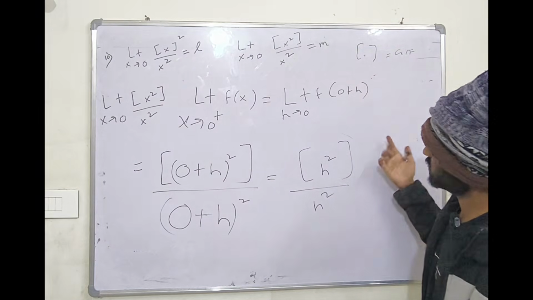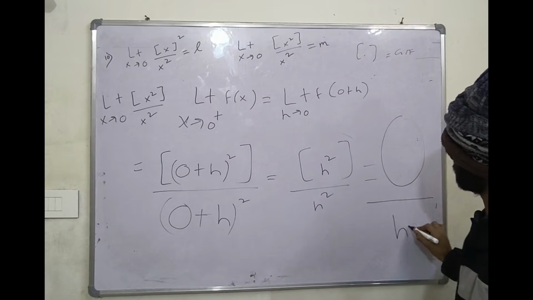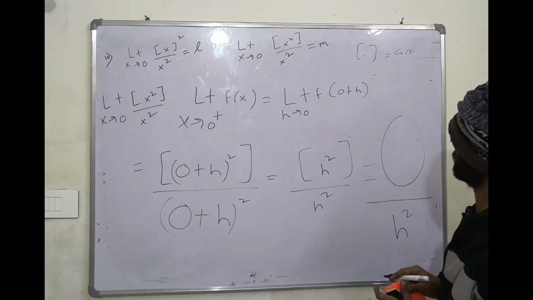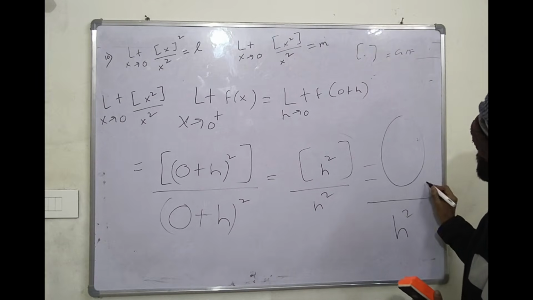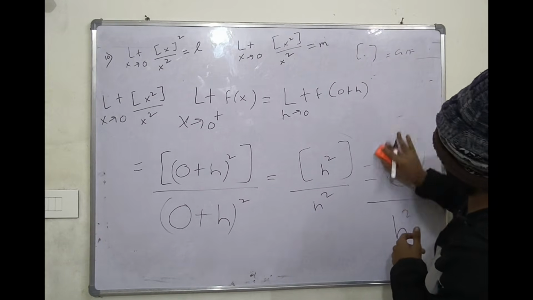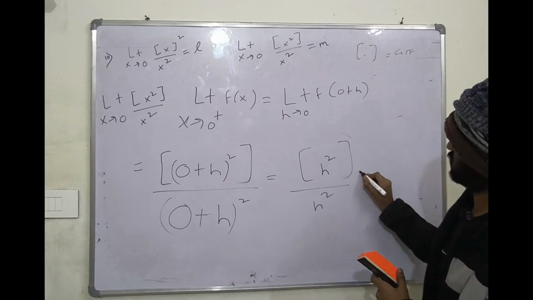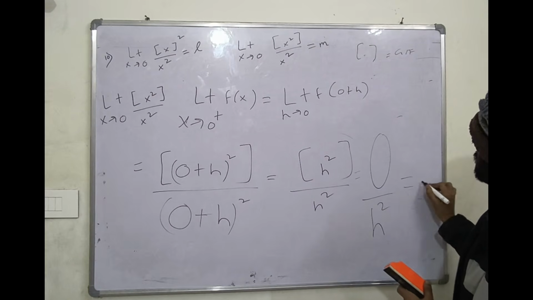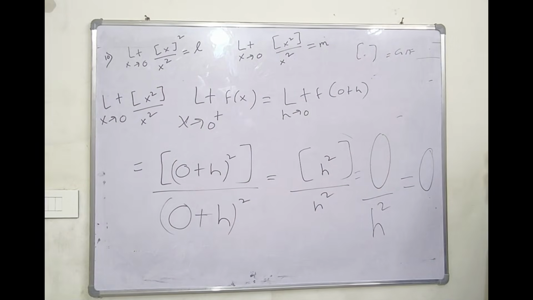This is again 0 by h square, and this value is again 0 by h square, which equals 0. Okay, clear? Good, thank you.